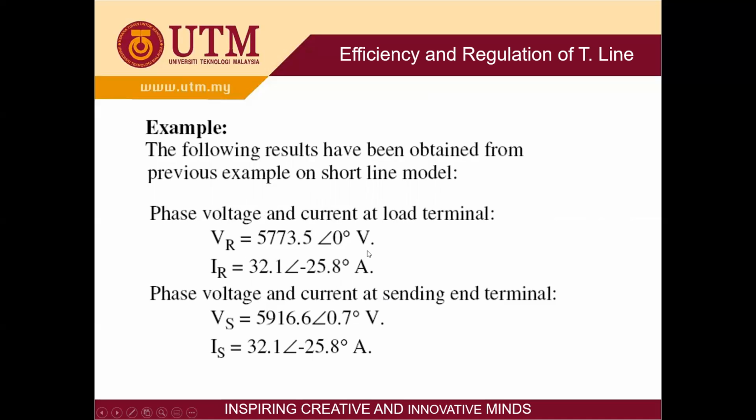These are phase parameters. Please note, this is a short line, so IR is equal to IS. As you can see, the short line is very simple: this one is IS, this one is IR. So definitely IS is equal to IR.